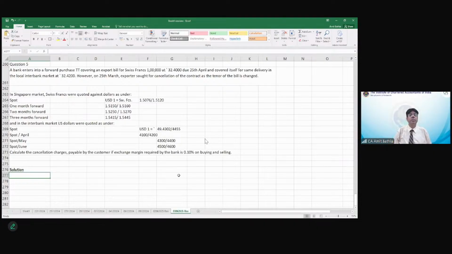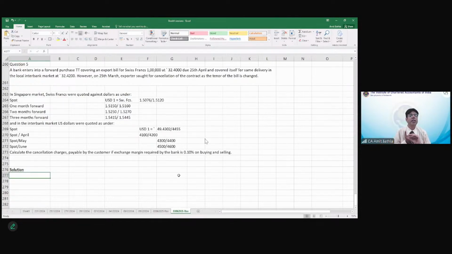Because of the cross currency calculation, this particular question will attract 8 marks. If it was a direct quote currency, then it would be only 6 marks. If you have cross currency, then 8 marks. Here you have a cross currency because direct quotation between Swiss franc and INR is not available.